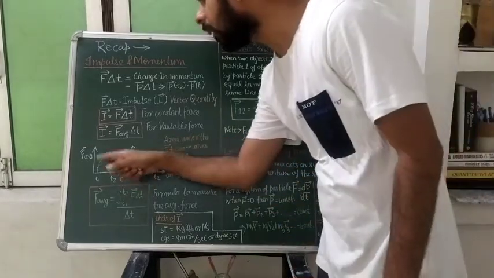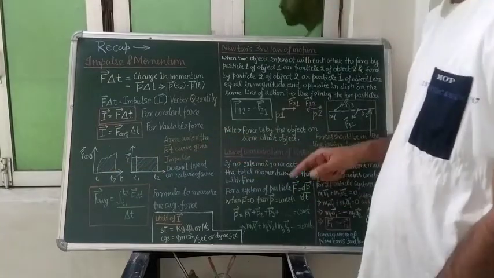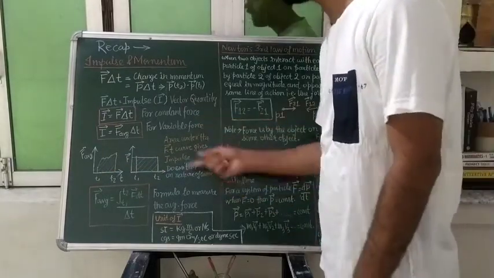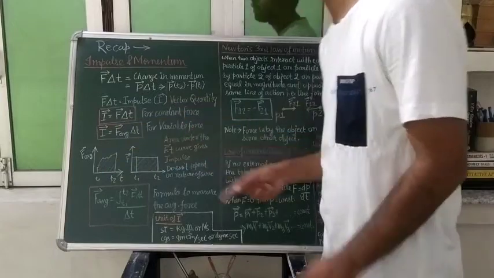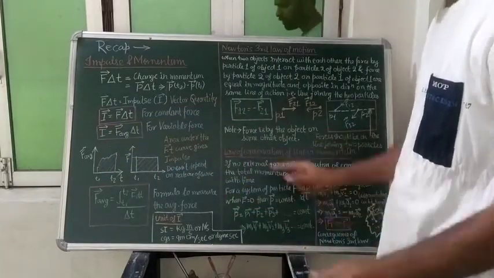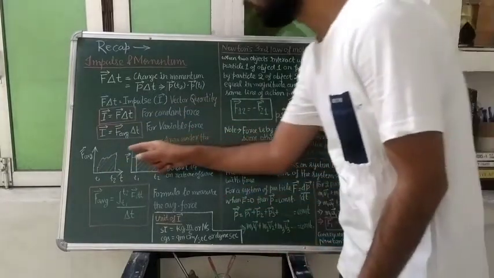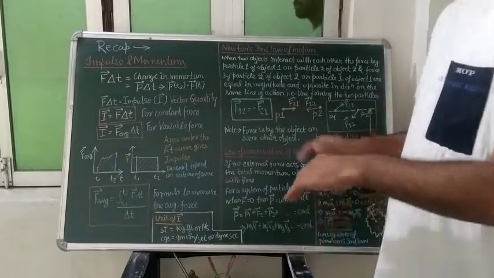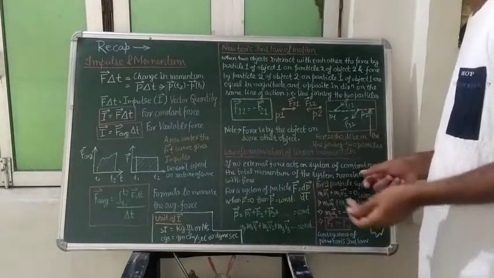So the area under the F-T curve gives us the impulse, and it does not depend upon the nature of the curve. It only depends upon the area you are getting.